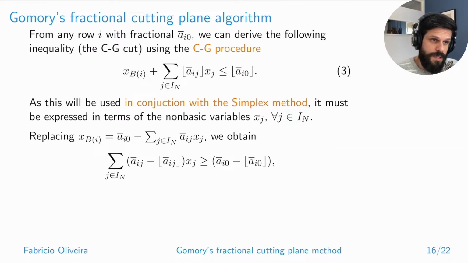Because we're going to be using this in conjunction with the simplex method, that means we're going to have to replace this by writing it as a function of the non-basic variables. So, how do we do so?